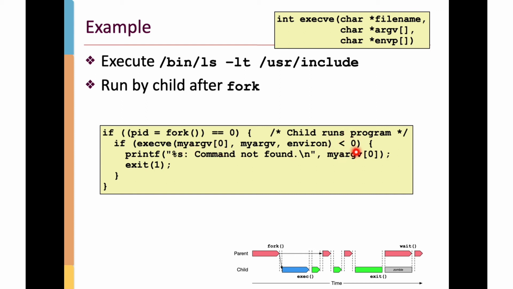And here I'm just showing that we've trapped that case, printed some information out about how we couldn't find that command, and then we just exit the child. This is, again, probably pretty similar to what a real shell actually does. If you type in a bogus command at the command prompt, then by the time it reaches the point where it's going to try to execute that command, if it doesn't find it, you're going to get some kind of a message back from the shell that says, sorry, I couldn't find this thing that you asked me to execute.